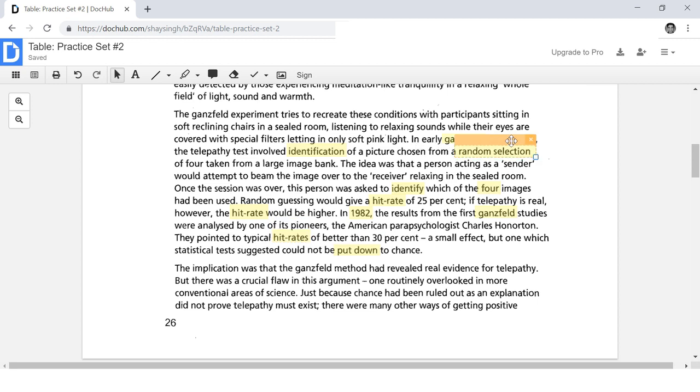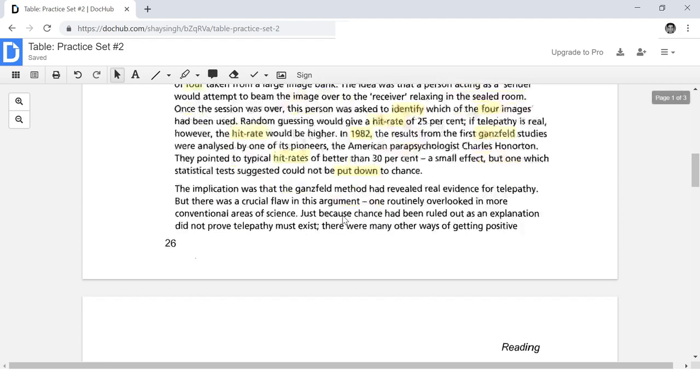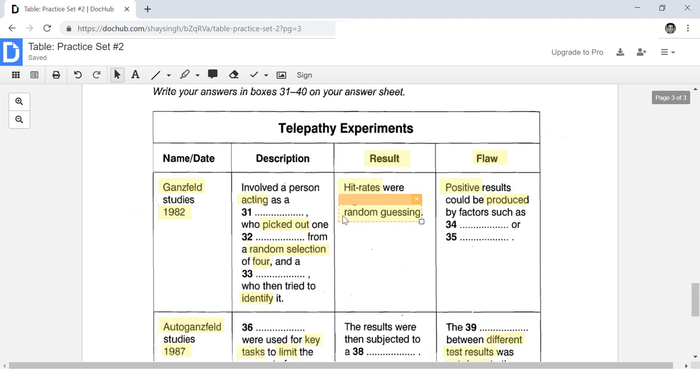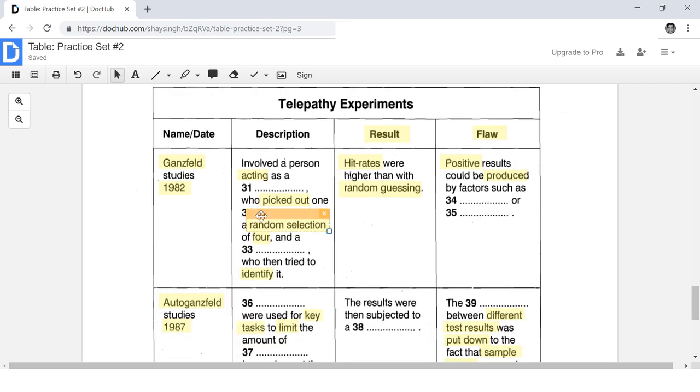In early Ganzfeld experiments, the telepathy test involved identification of a picture chosen from a random selection of 4. There we go, the word 4 appears again. So we're going to find one of our answers over here. And I want to take you down to our question, and let's look at this question right here, number 32. So someone picked out one dash from a random selection of 4.